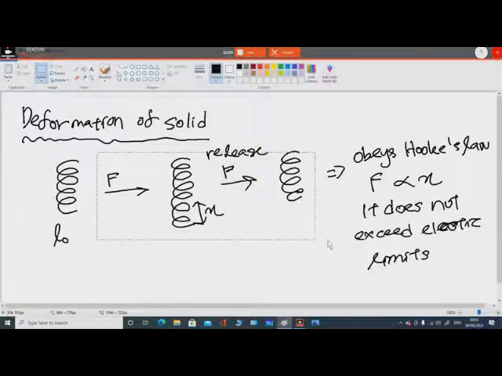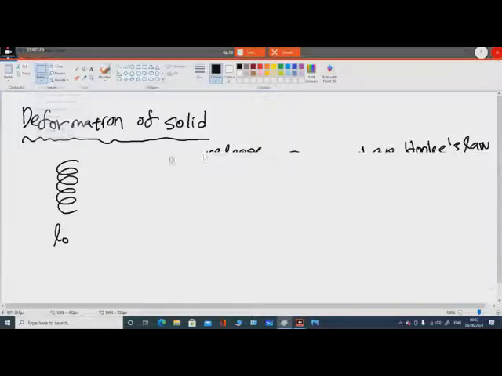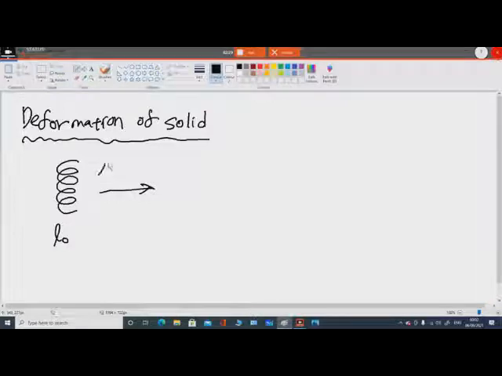Let me erase this one, this one as well, and this one as well. Okay, so what if I apply a large force to this spring?